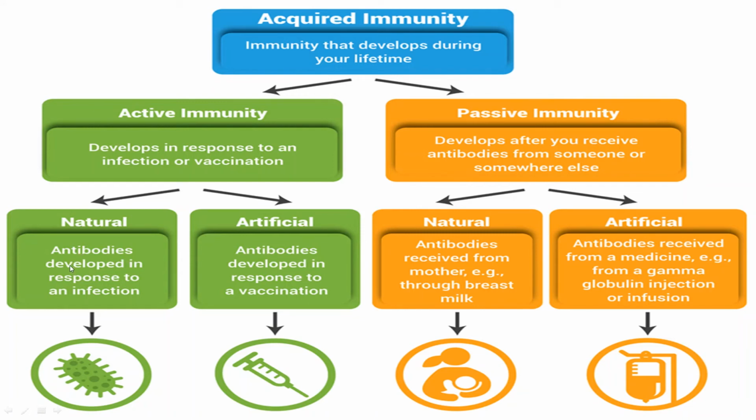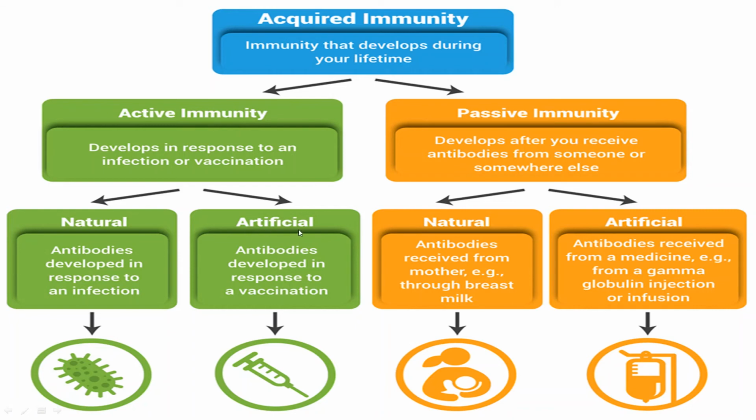Like antibodies developed in response to an infection. The antibody that has developed in response to a particular infection can identify the pathogen next time, and will resist your body from the disease, from causing the disease. So this kind of self-defense mechanism is called natural active immunity in case of acquired immunity.